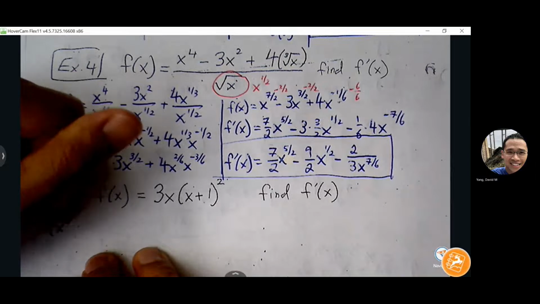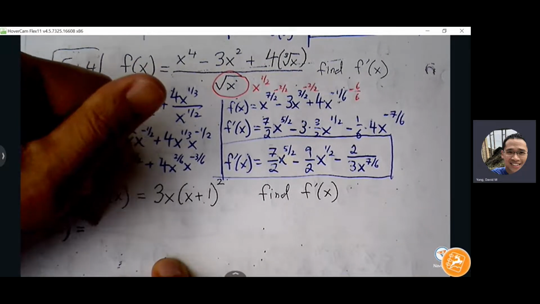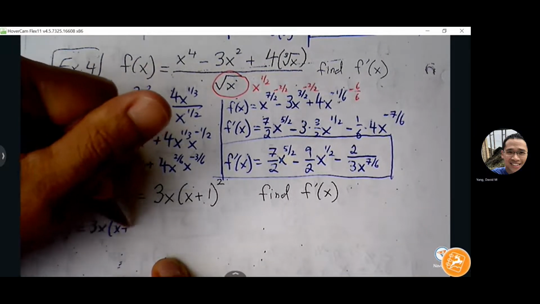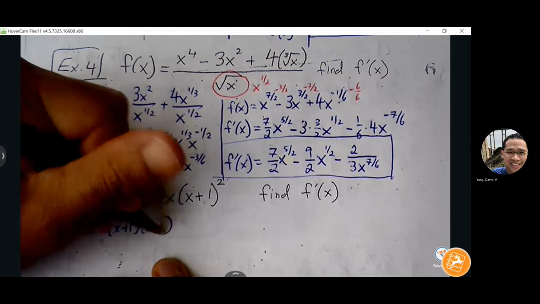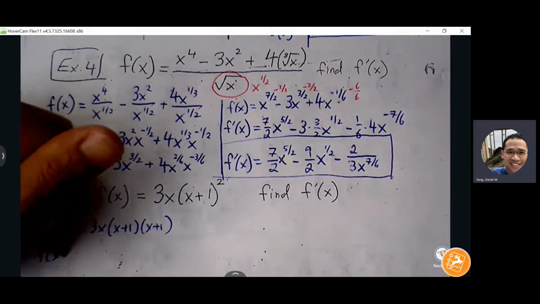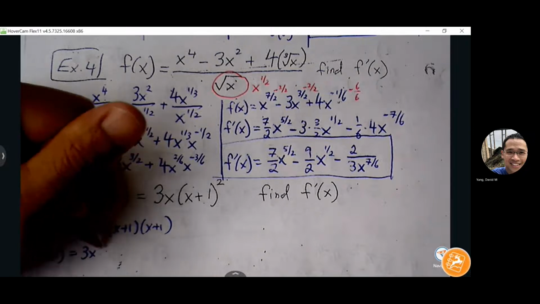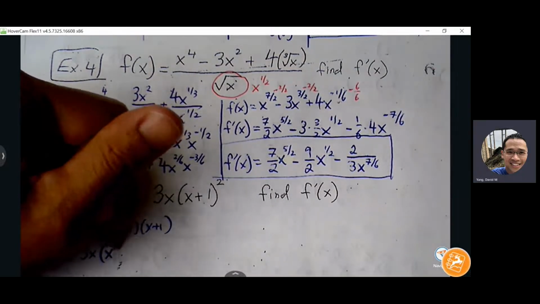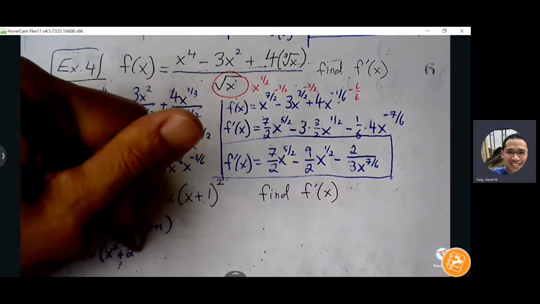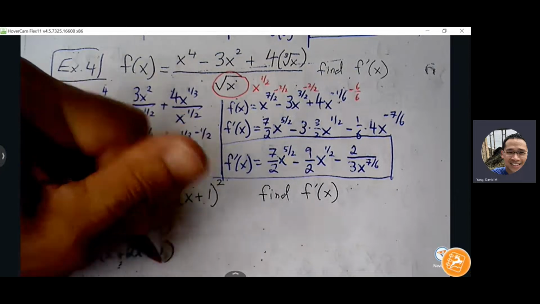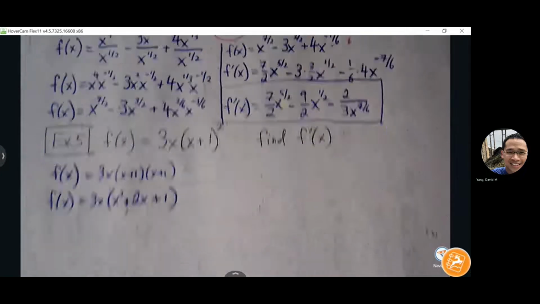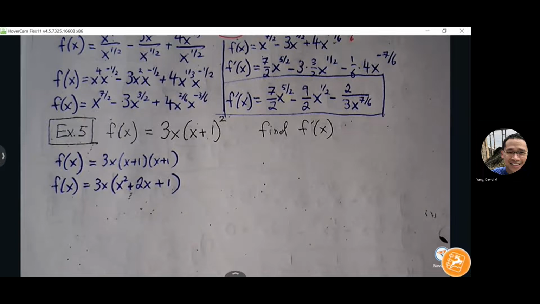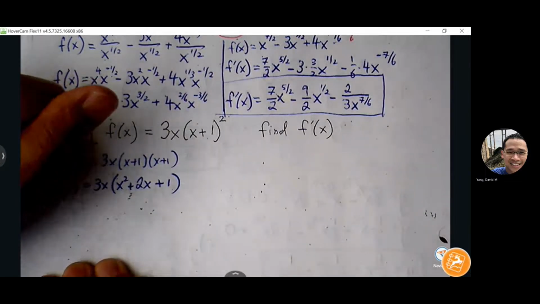So we're going to take care of that (x plus 1) squared first. Expand. Now, when you expand, you still have one set of parentheses left, which you will take care of with that 3x. So now it distributes.